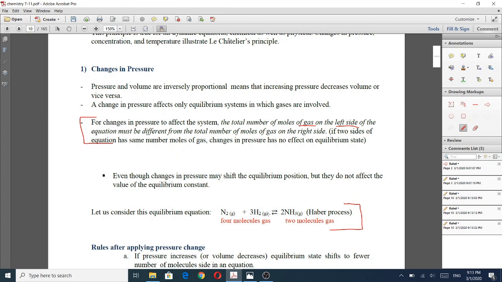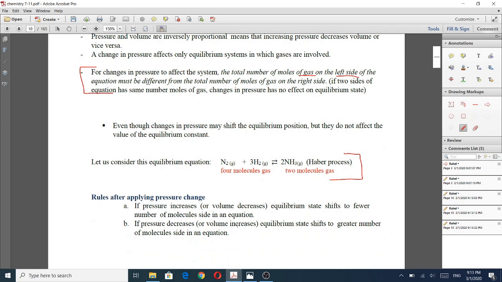If we increase pressure or volume decreases, both of them are the same, because sometimes in questions, instead of saying pressure increases, it will just say volume decreases.